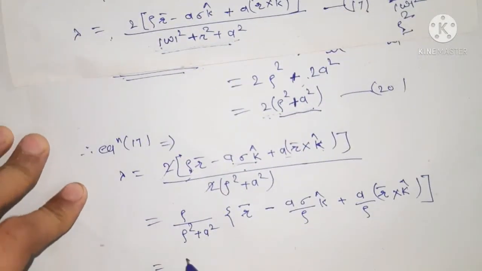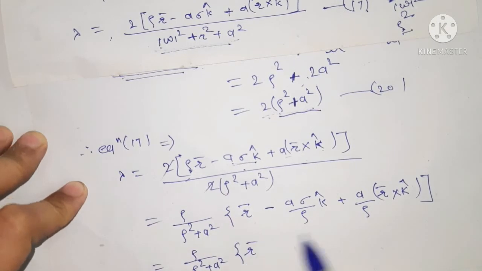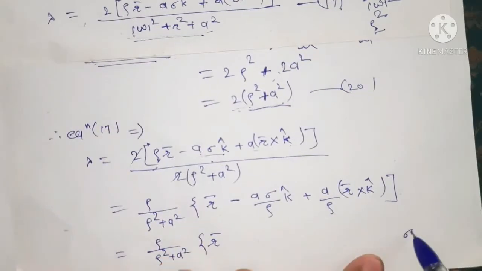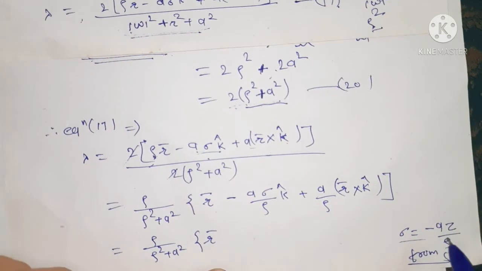Now since we know that the value of sigma will be equal to minus az upon rho from equation 13, from 13 we have the value of sigma equal to this. So substitute this value here. So minus into minus gives plus, a into a is a square, z upon rho.